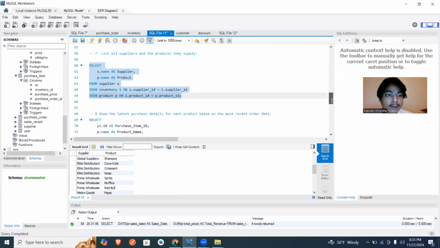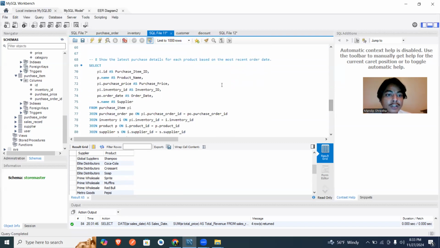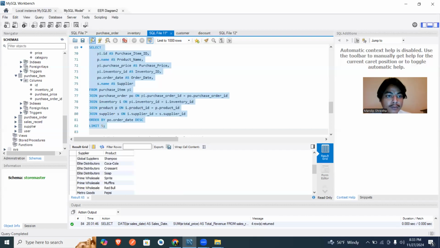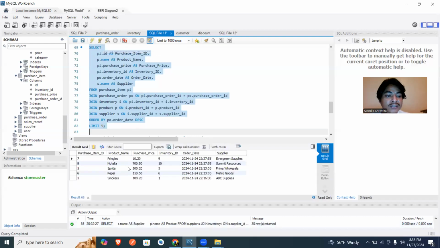My eighth functionality shows the latest purchase details for each product based on the most recent order date. You can see here, on 2024 November 24 at 10:37 p.m., I ordered $10 of Pringles.